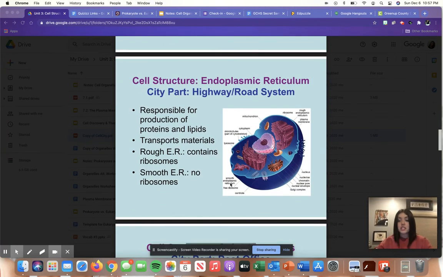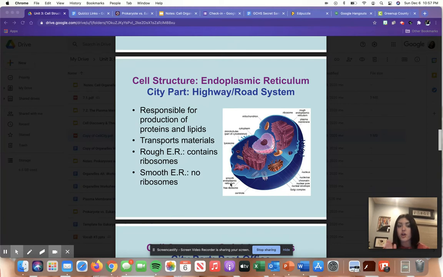Now we're moving on to the endoplasmic reticulum. Remember that we said there's a difference between rough and smooth. The rough has ribosomes and the smooth does not. But they both transport materials.